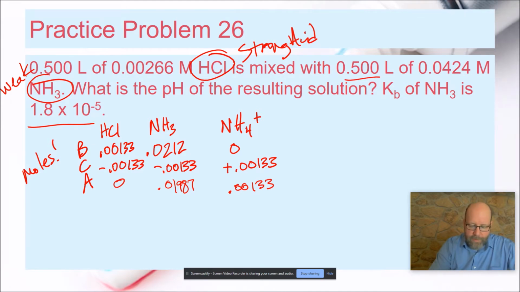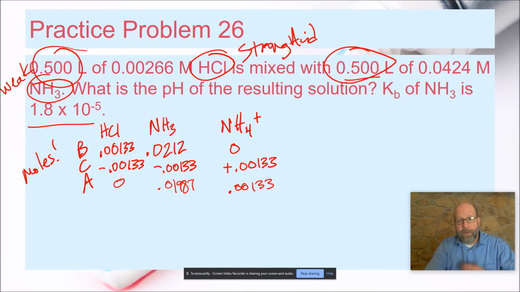And our total quantity now is a liter because we took a half a liter of this and a half a liter of this. So now we've got a whole liter. That makes our concentrations easier to figure out. So this is our concentration because it's just divided by 1 liter. So 0.0187 is our concentration of ammonia, and 0.0133 molar is our concentration of the conjugate acid, the NH4+, the ammonium ion.